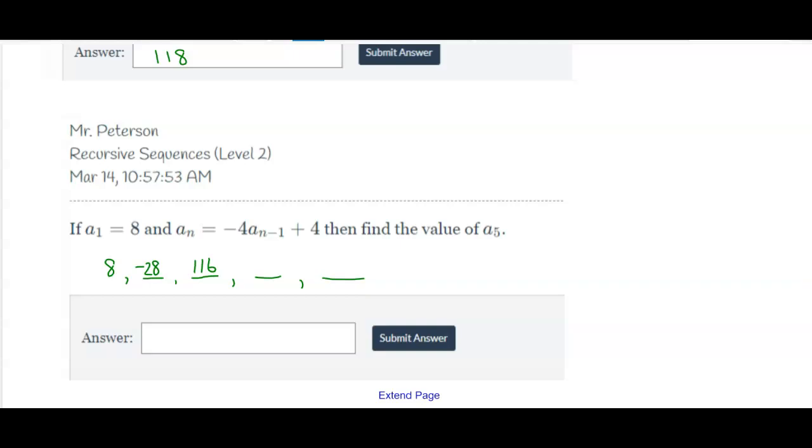And I do times -4 again, I'm going to have -464, plus 4 would be -460. And then if I do that times -4, I'm going to end up with positive 1840, plus 4 would be 1844. Okay, so that's as hard as they'll get in that section, but you just use a calculator to help you and follow all the steps, and you should be able to generate that 5th term.